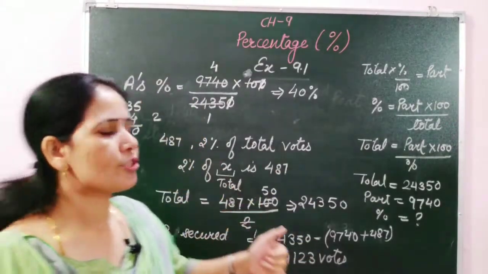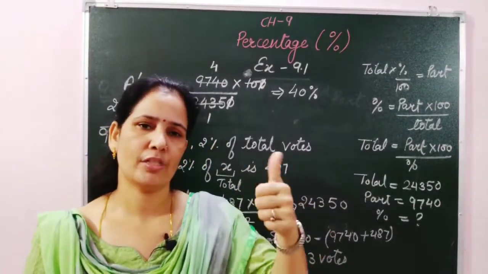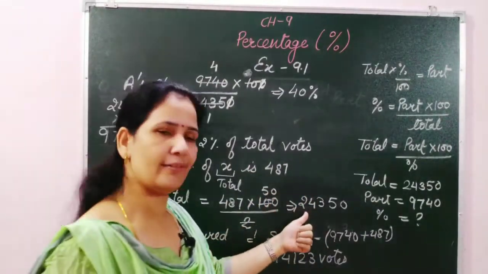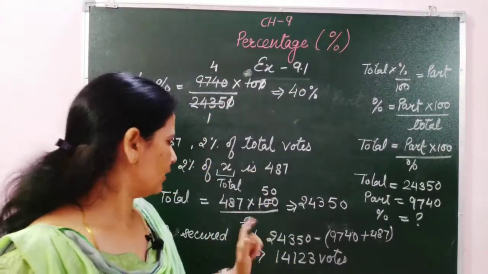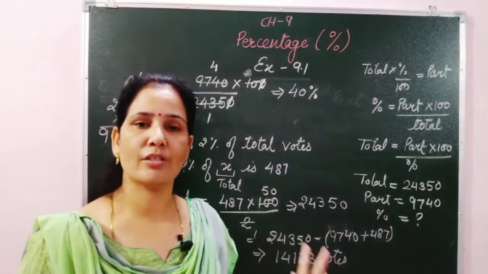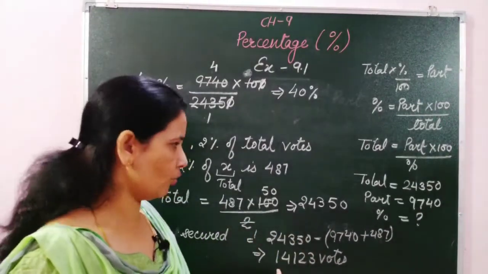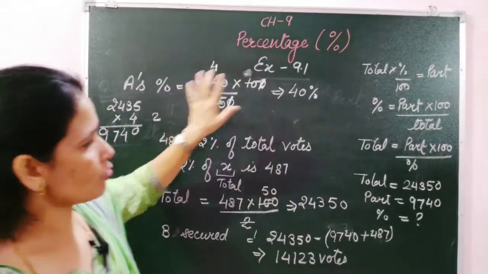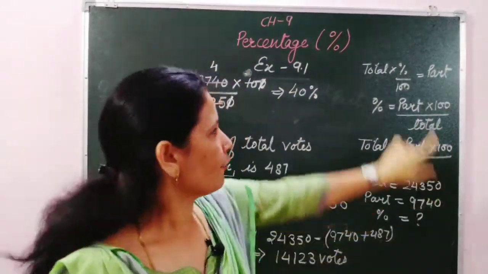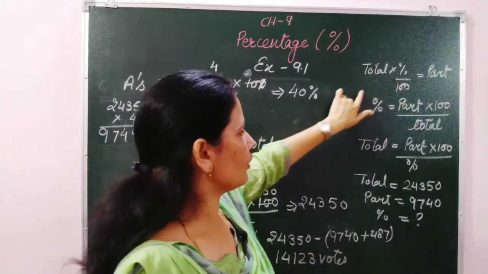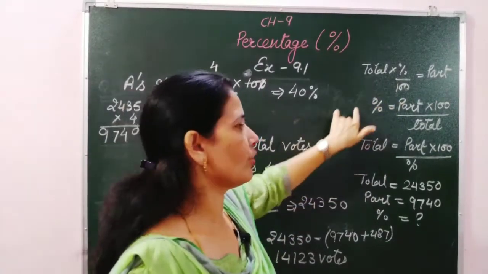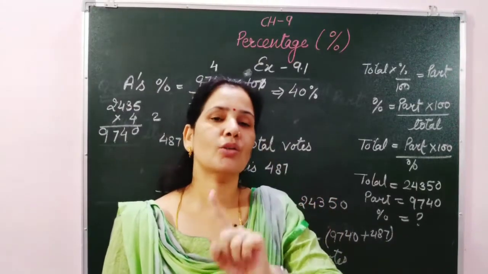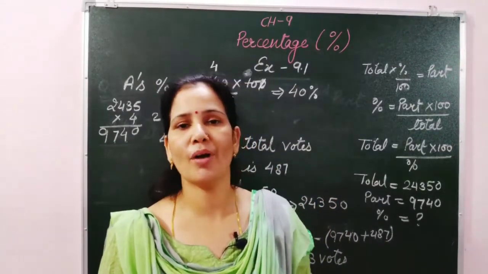So students, in this question we have to find out three things. First, the total. Then second, how many votes were secured by B. And then the percentage of A's. So students, have you observed, from one formula only I use this in 3 ways. One formula can be used in 3 ways. So what you have to remember, what you have to learn?